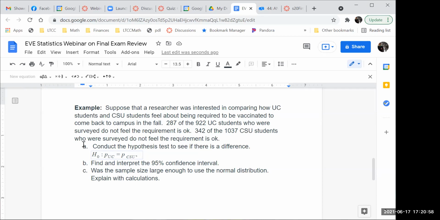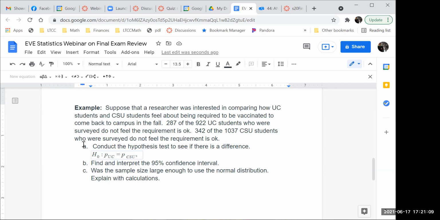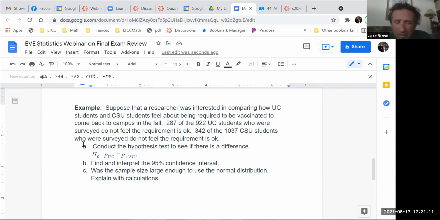So that's why I like to do it this way. I won't take off points, but it is easier to understand what it means if you have it written this way. Yeah, because the idea is, especially when you're doing confidence intervals, we've got the beginning and end, and it's important to know which is the first and which is the second. Otherwise, you'll have trouble with understanding the confidence interval.